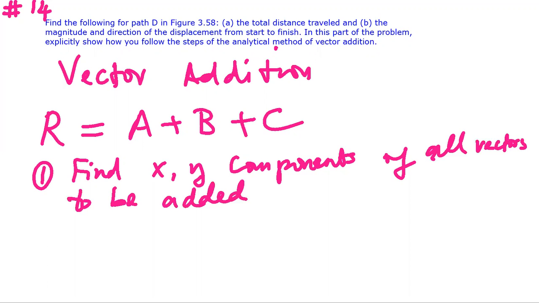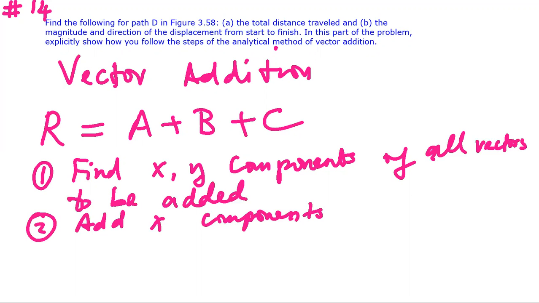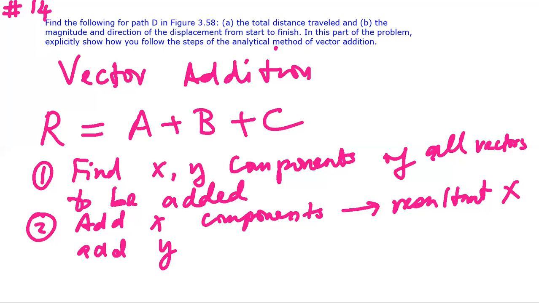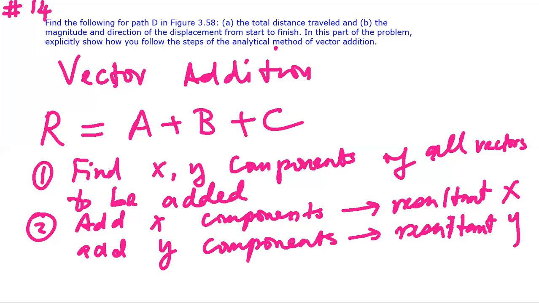Step number 2, you're going to add X components to get a resultant X, and then add Y components to get the resultant Y. Let me use the notation RX and RY to indicate the resultant in the X and Y direction.